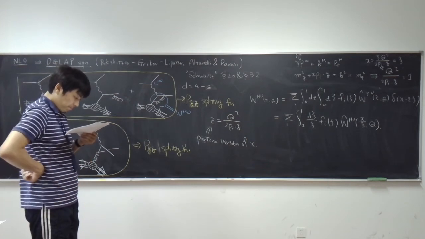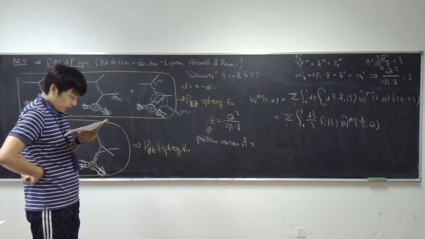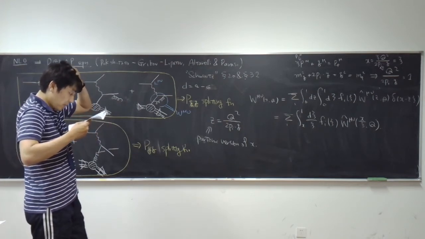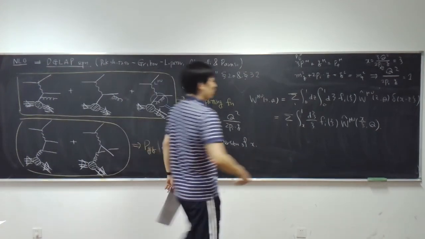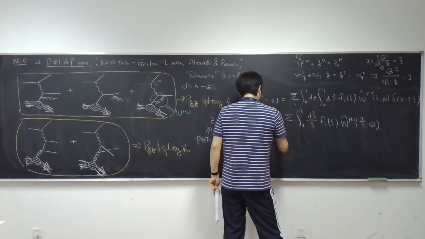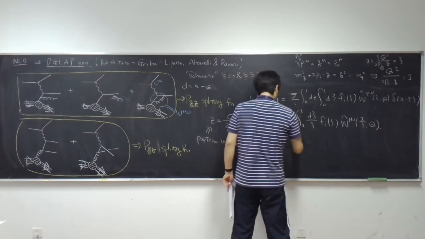What we are interested in, for simplicity, is to take a contraction with G mu nu W mu hat, and let's call this W0 hat.